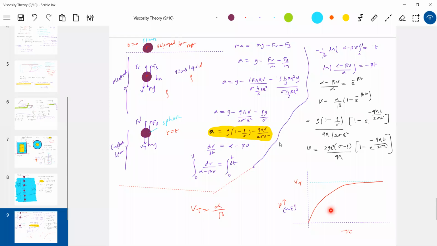I'll ask you further what is the distance covered by it. So what should you write? ds by dt, and again you integrate it. They may also ask you to plot the acceleration versus v graph. This is a constant negative slope, so acceleration is going to decrease, no?